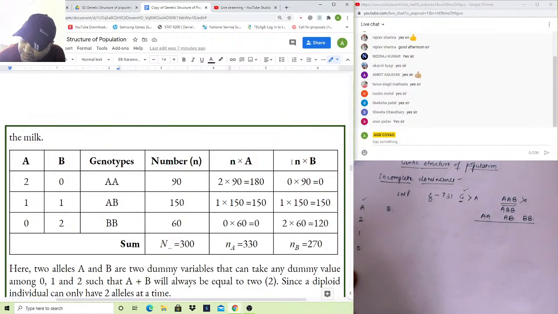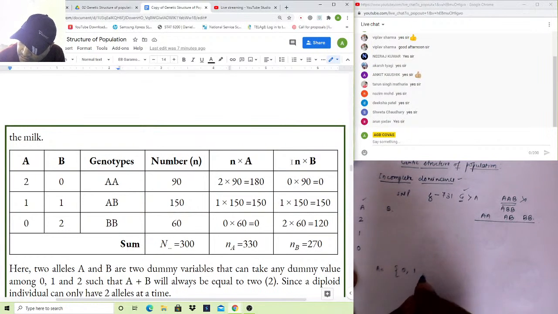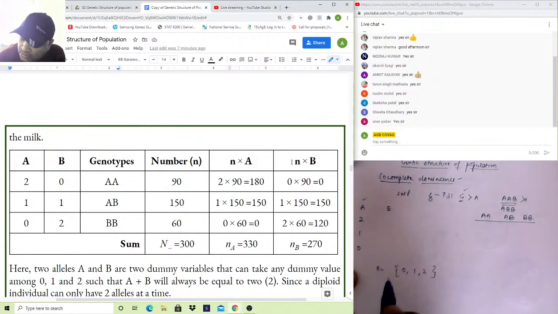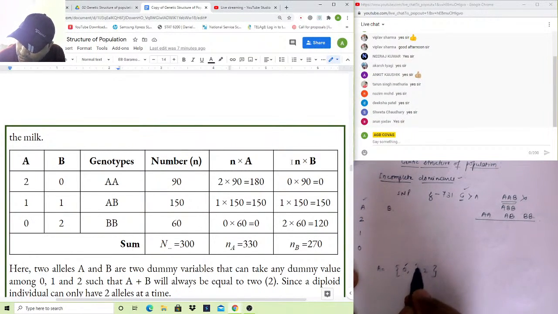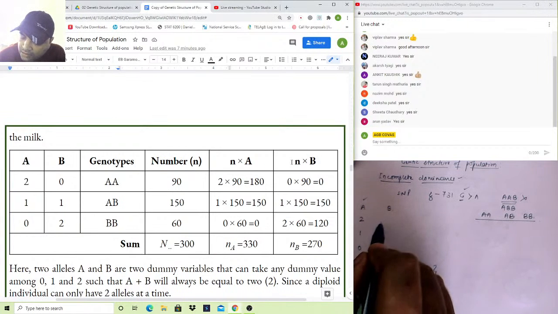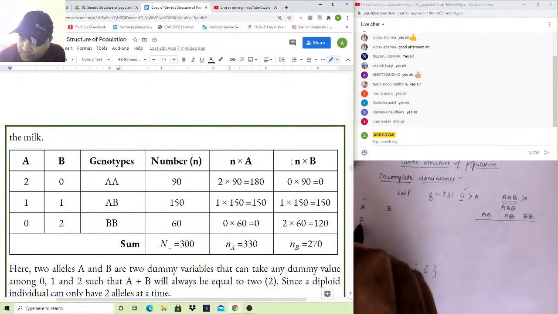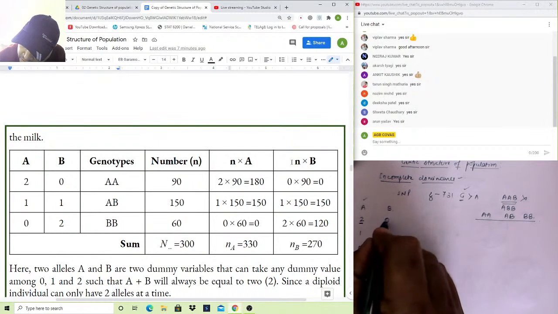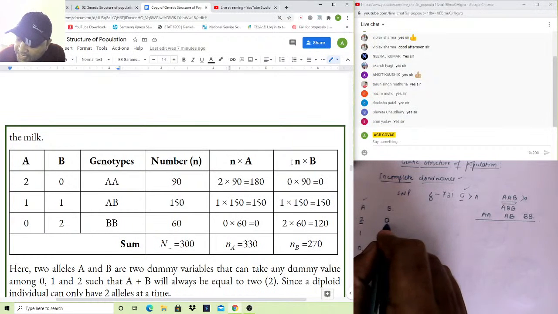If I say A is a random variable, then the set of these will be 0, 1 and 2, because either it will be absent in an individual, or only one copy will be present, or two copies will be present, isn't it? And why I am calling this a dummy variable is that once there are two copies of A, then B will automatically become 0. It is not random, it is assigned.